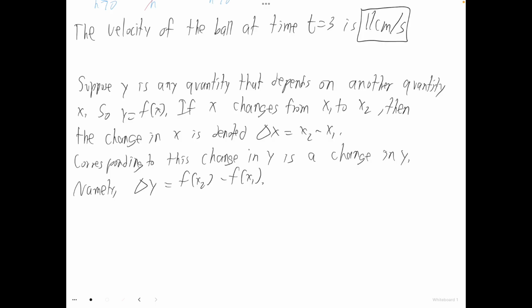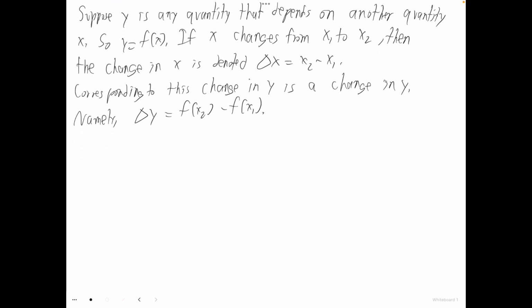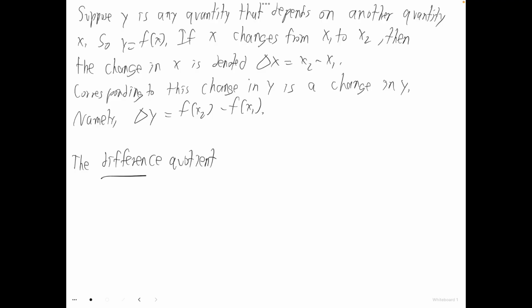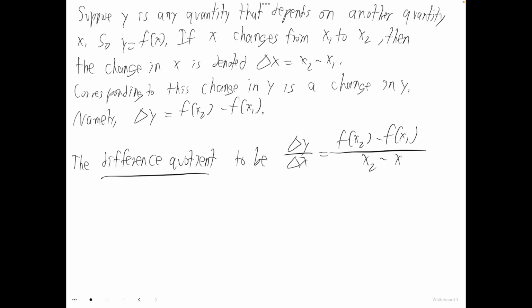And then we have the following definition using this. We define the difference quotient to be delta y divided by delta x, which is f of x2 minus f of x1 divided by x2 minus x1.